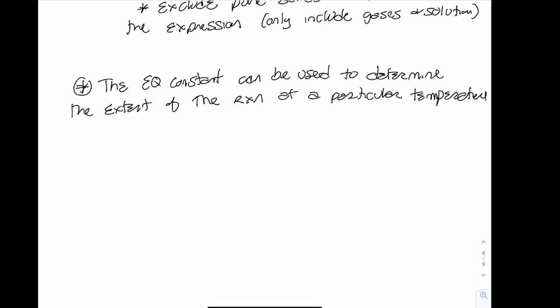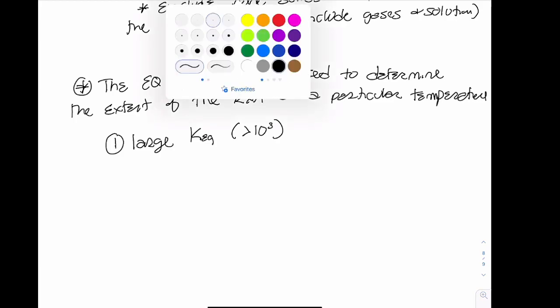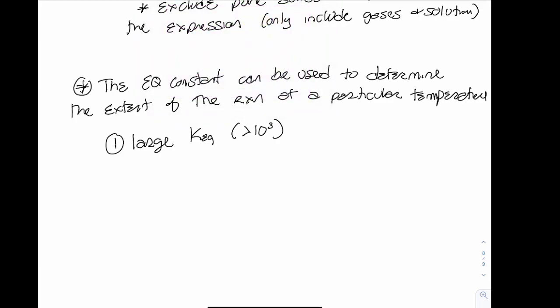If our equilibrium constant is large, and we're going to define large as greater than 10 to the third, it's helpful to remember my equilibrium constant, and I'm going to do it in terms of concentration, so we can put a C here.